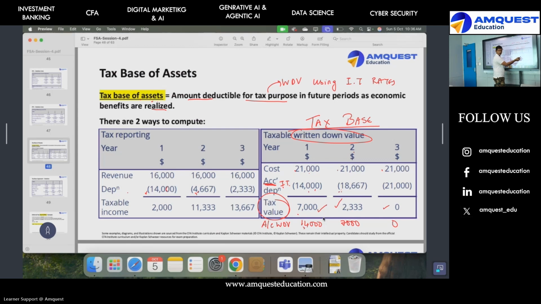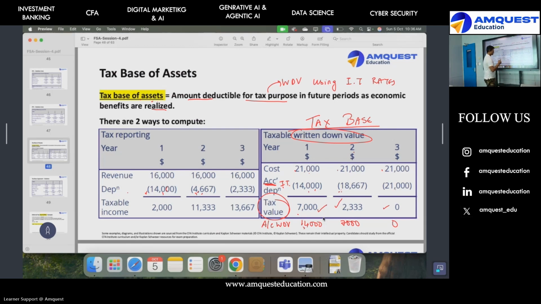Year 2, no? Cumulative. And 21 minus 21, which is year 3. So I'm just cumulating every year's depreciation. Year 1 is 14. Year 1 plus year 2 is 18. Year 1 plus year 2 plus year 3 is 21. This is a presentation disclosure requirement.